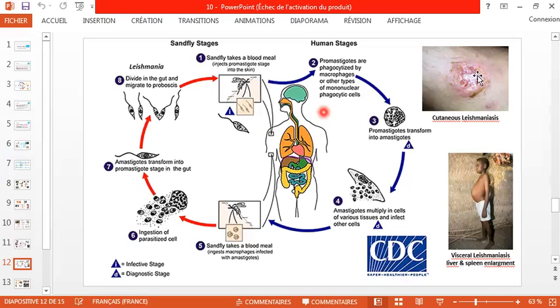You have two different forms, cutaneous leishmaniasis, and the most dangerous because it's fatal, the visceral leishmaniasis, which affects mainly the liver and the spleen, and it is displayed by the liver and spleen enlargement. Okay.